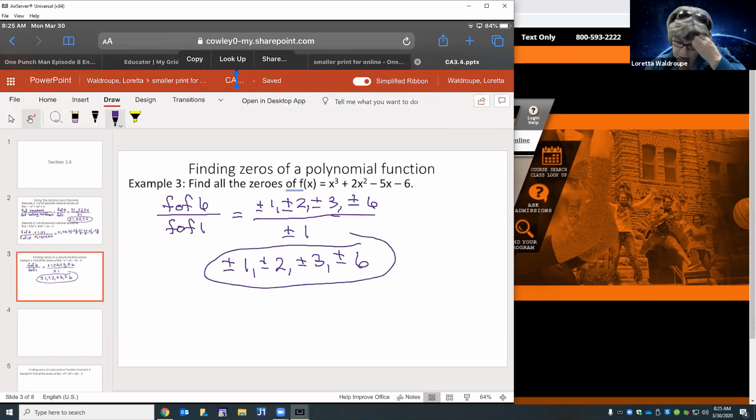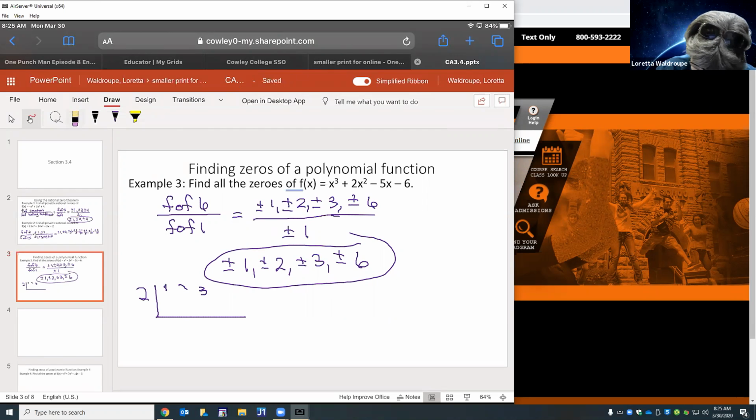But this actually says to find the zeros. So to find a zero, now you pick a number. What do you want to try? I'm going to try 2. And I do my synthetic division. So I have the coefficients 1, 2, -5, and -6.